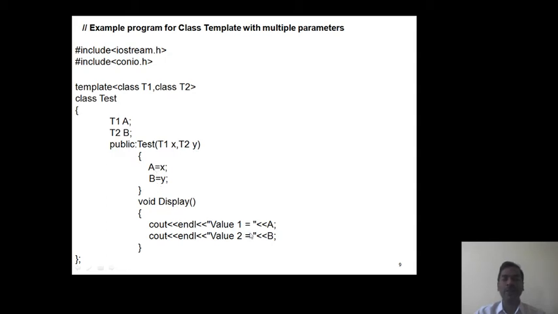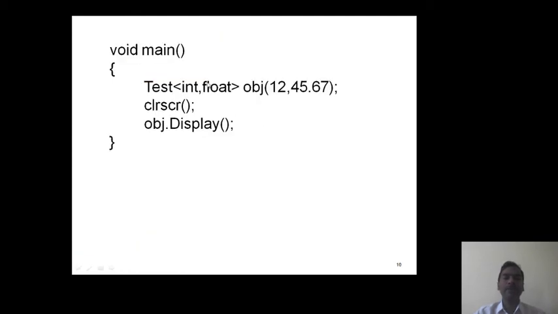Display function to print a and b values. The main program, void main: test within angular brackets, we are specifying the arguments as integer and float. obj of, now the integer value is 12 and the float value is 45.67. Now we call the member function as obj.display.